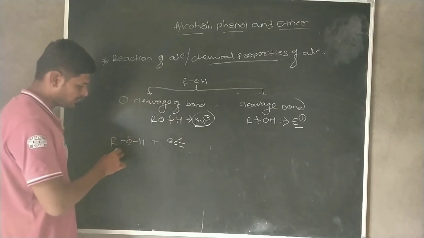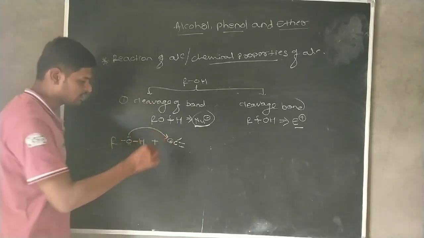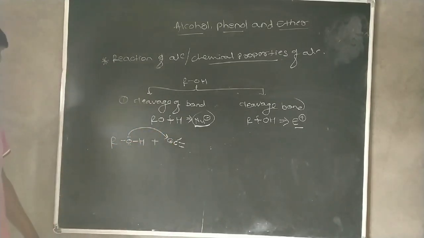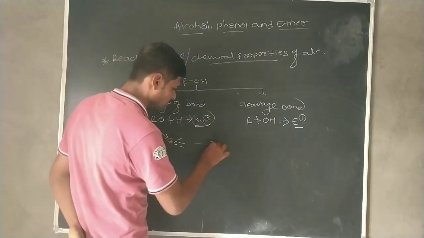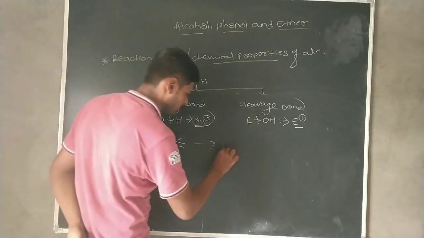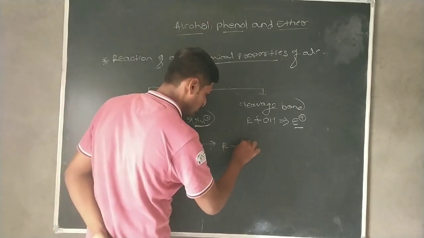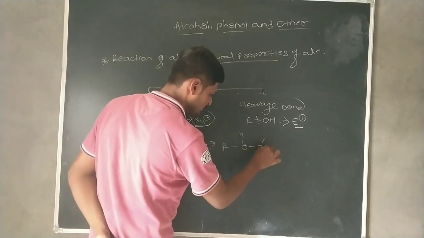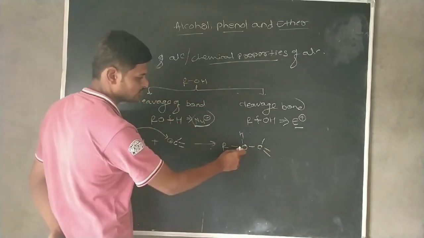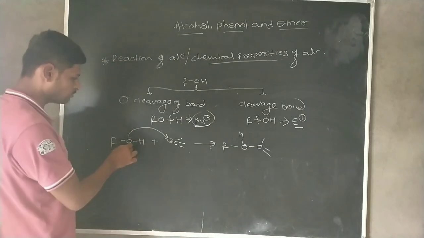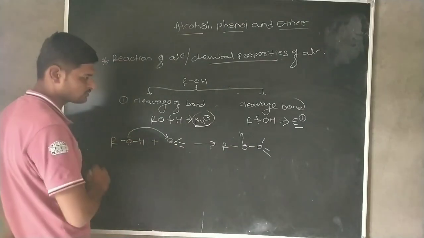By using this lone pair, this oxygen attacks the carbocation. After attacking the carbocation, there is a formation of R, O, H, and this carbon is attached to the oxygen atom. That means a new bond is generated between carbon and oxygen atom.